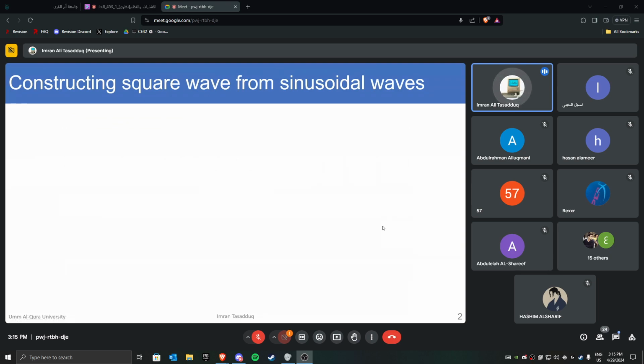Now, before we go into Fourier series, let's first look at what happens when you add several sine waves. Let me show you a MATLAB program.